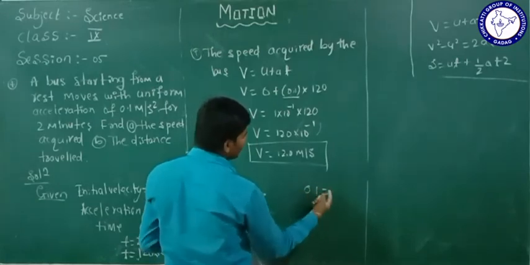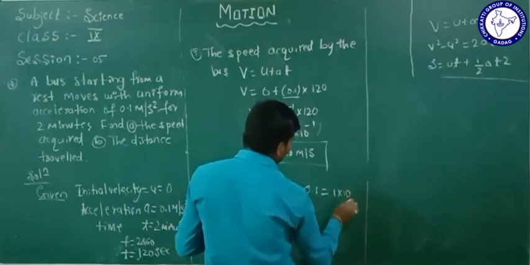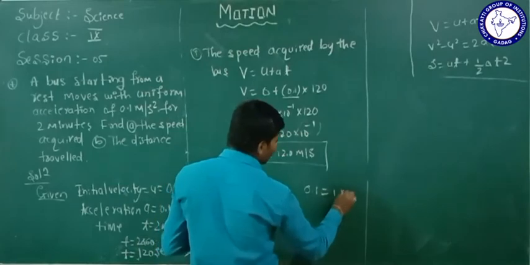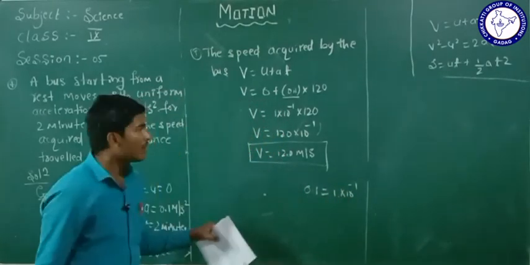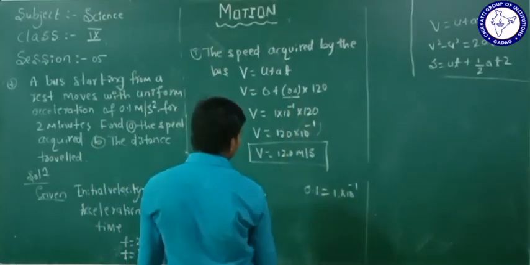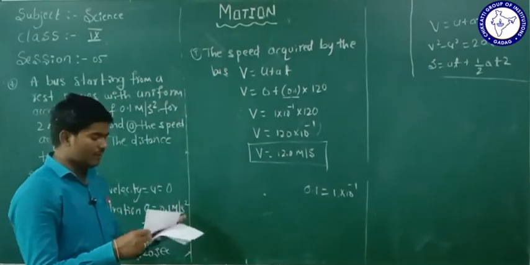So 1 into 10 raised to minus 1 is nothing but 0.1. I am replacing 0.1 here by 10 raised to minus 1, so v is equal to 12 meter per second. It is the final velocity of the bus.